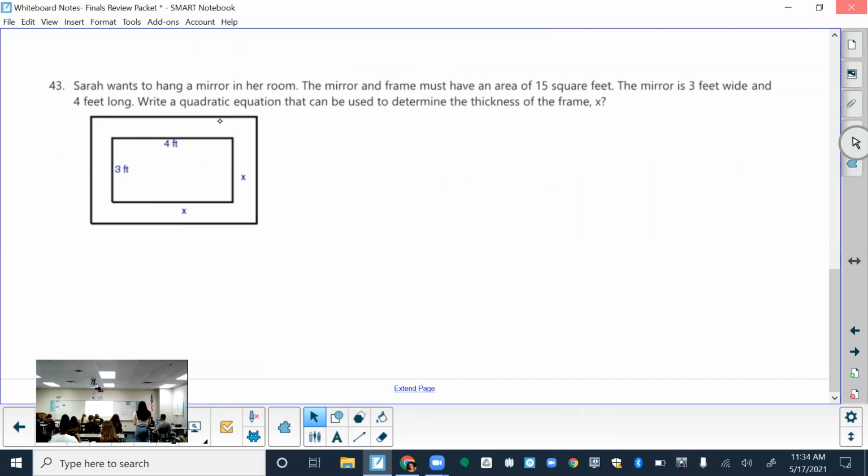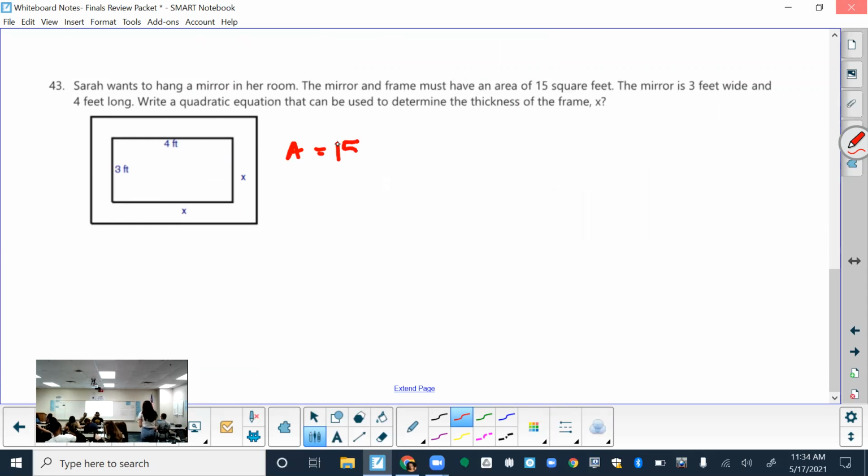What's the quadratic equation that can be used to determine the thickness? So the area has to be 15, and we know that area is length times width. What's the area of this inside rectangle? All right, the area of the inside rectangle is 12, but we know that the area for the whole thing is 15.